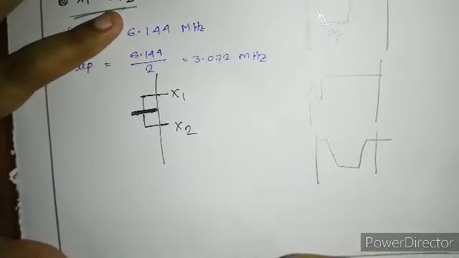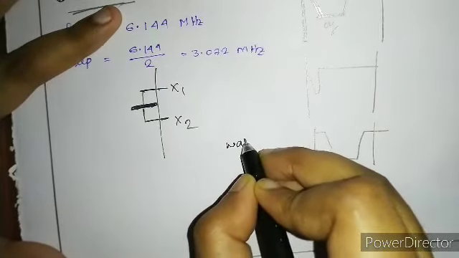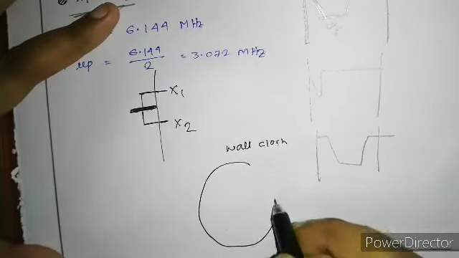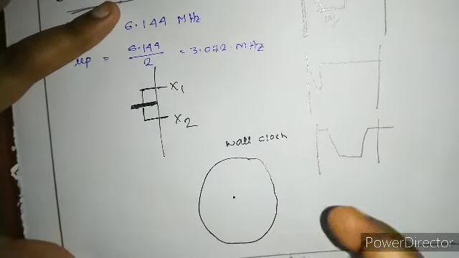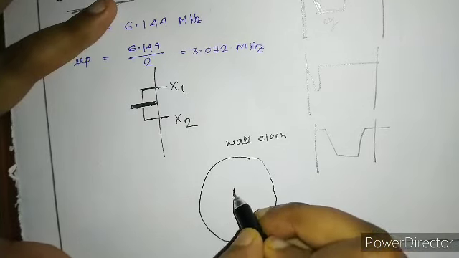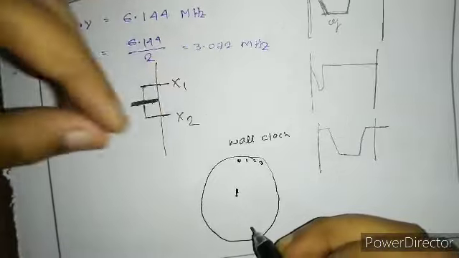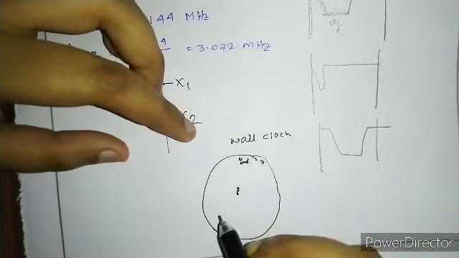First, you have all seen a wall clock or wristwatch. If this is a watch, there is a second hand, a minute hand and an hour hand, right? There are points 0, 1, 2, 3 and so on, all at an equal distance.